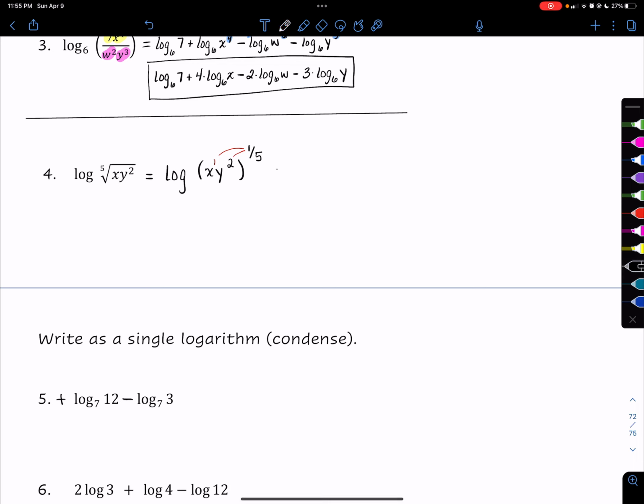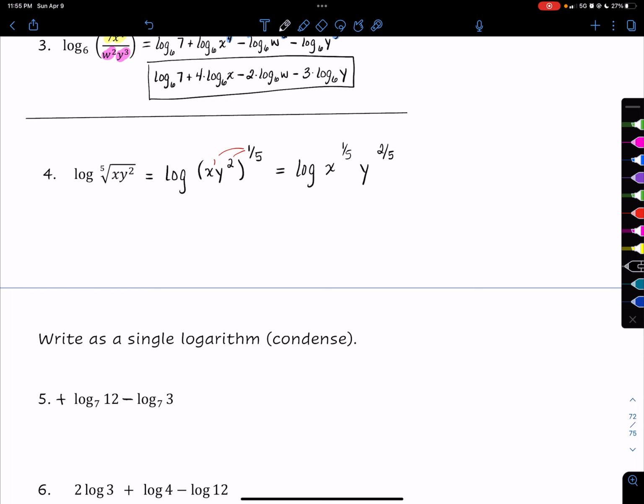So when I write that, I will have log base 10 of x to the 1/5 and y, 1/5 times 2 gives me 2/5. Okay, so when you get better at this, you'll see how you can do 2 steps at once, but right now I'm only going to focus on 1 step at a time. So I'm going to distribute that 1/5 to each of the powers on the inside of the parentheses.